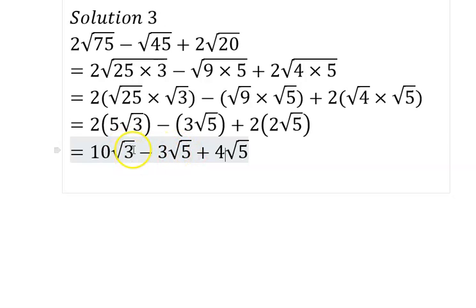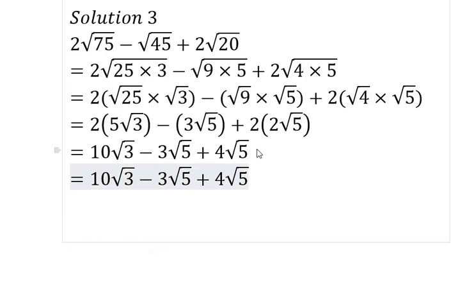Now here we have root 3, here we have root 5 and root 5. That means these two are common. That's the meaning. So let's see what we can do with them. As usual, applying our rules. It means this one can stand alone. But these two, you say minus 3 plus 4.